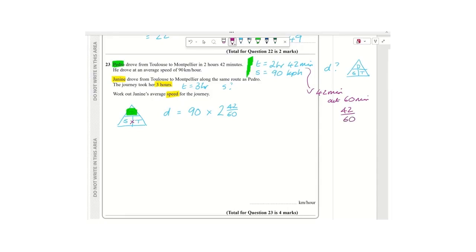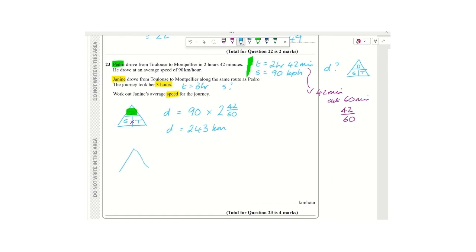And you can use your fraction button then on your calculator. You don't need to do anything else clever. So if you plug that into your calculator just as it is like that, then you are going to get 243. So the distance between these two places is 243 kilometers.